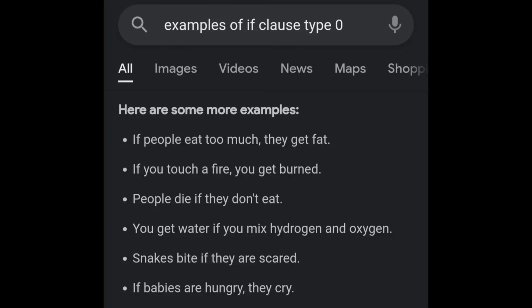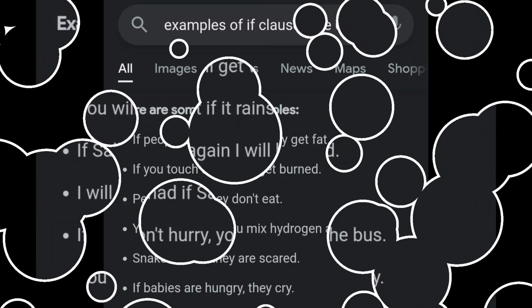Lastly but not least, the type 0 if clause is usually used to describe the general habits of someone, things that they repeatedly do every day, like brushing teeth, eating, etc. So that's all you need to know about if clause type 0.